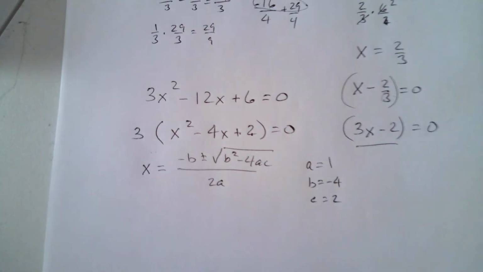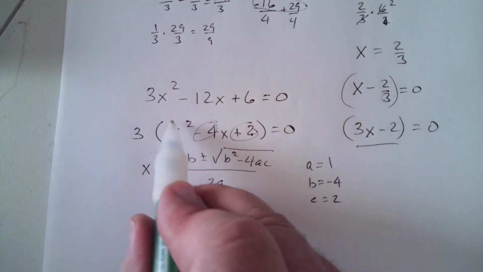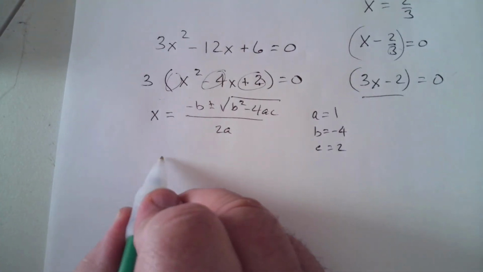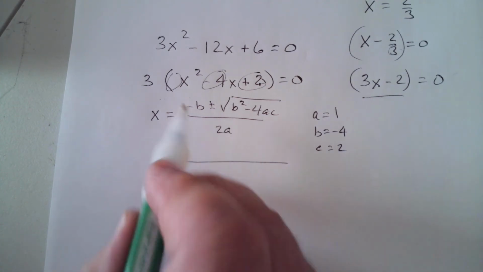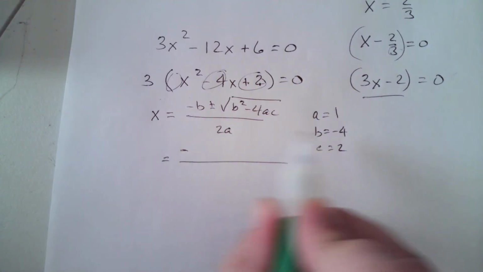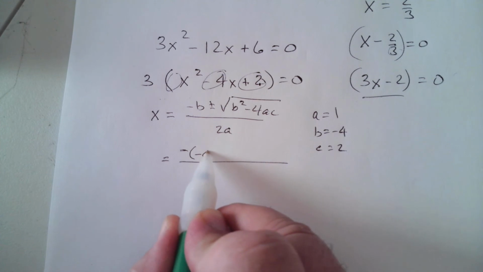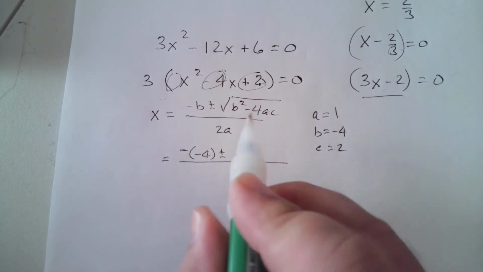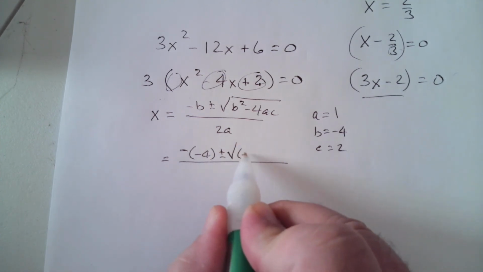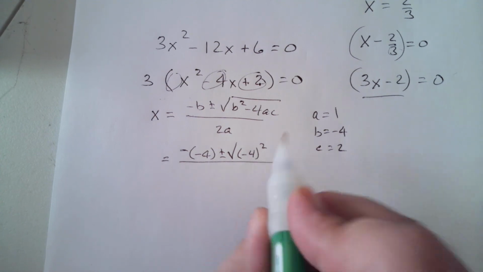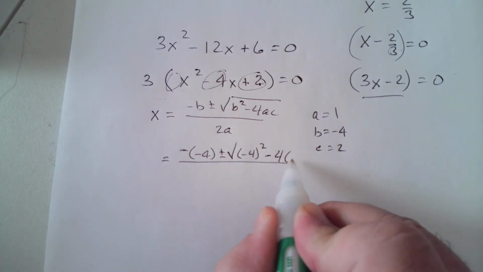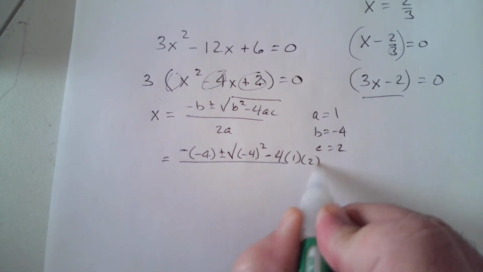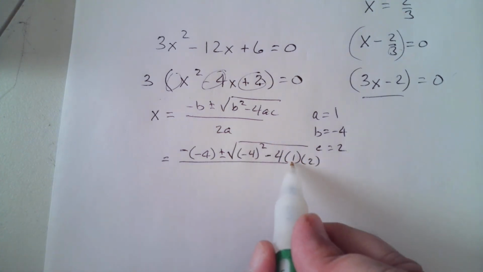And C is 2. Negative b, b is negative 4, negative 4 squared, a is 1, c is 2.